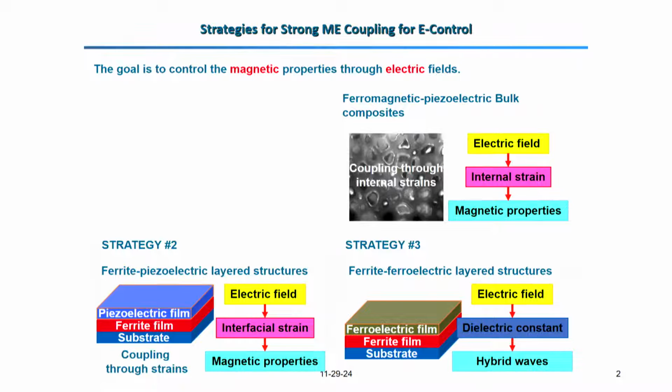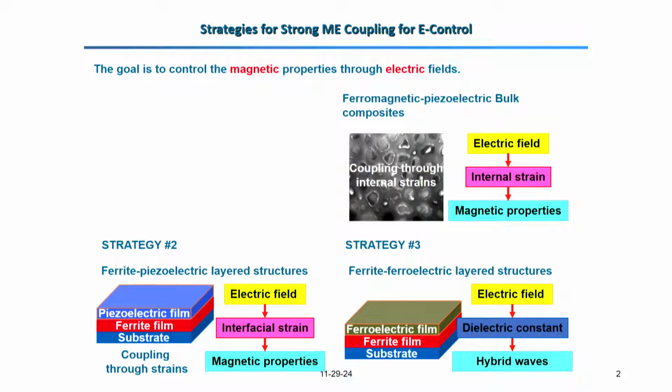We all know, from what we have been discussing for the past 4 days, that there is strain mediated coupling between the ferromagnetic and ferroelectric phases in a composite. If you have a bulk composite, then the strain is rather internal within the sample.